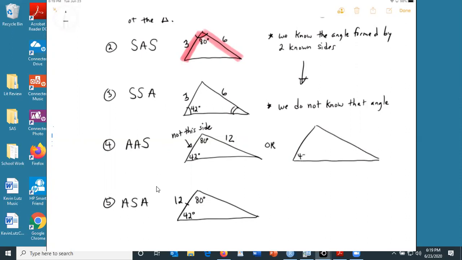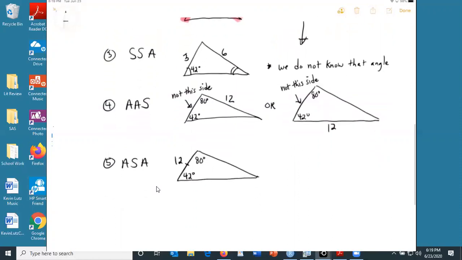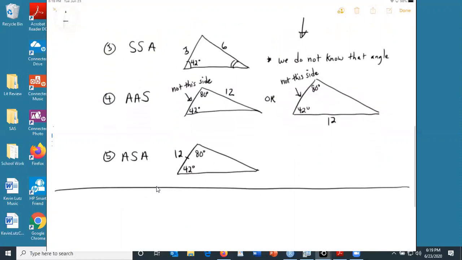Just in case you weren't sure, that 12 could also be down here. It just can't be the side here that I'm noting. All right, so those are the ones that we need to keep in mind.